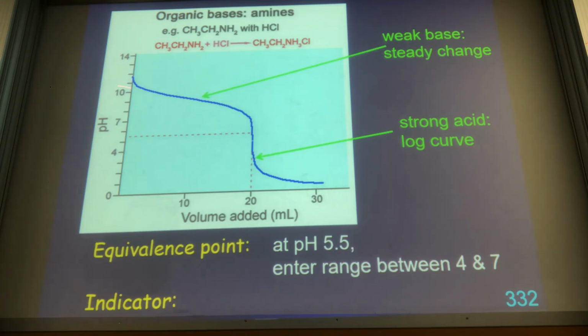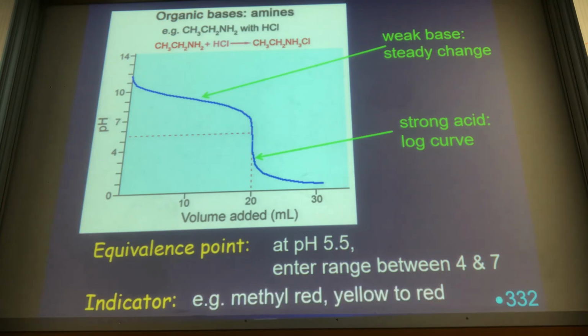And then when we see the acid take over, at this point the acid is in excess, we see a lovely log curve. Indicator, well, it's going to need to enter the indicator colour change range from the base end at something like pH 6 or 7 or below.